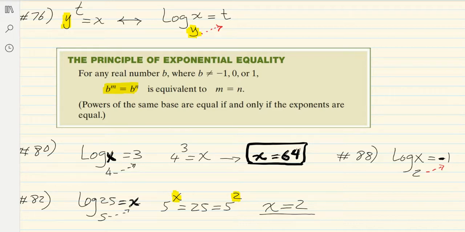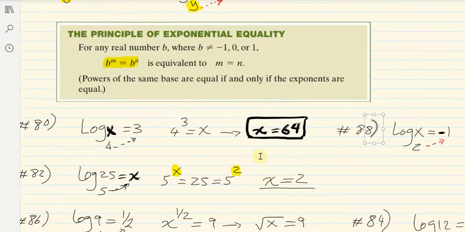So we're going to rewrite this as 5 to the x equals 25. And if I think of 25 as 5 squared, and using this principle of exponential equality right up above, we can say x and 2 must be the same. So x is 2, and that's the answer.